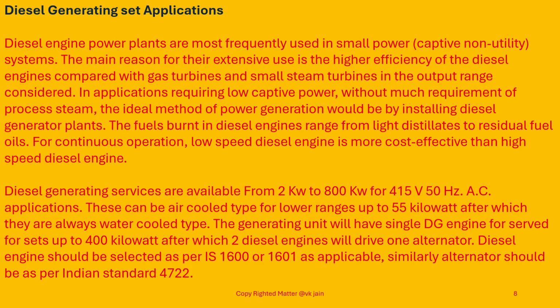The generating unit will have a single DG engine for sets up to 400 kilowatt, after which two diesel engines will drive one alternator, twin generator system. Diesel engines should be selected as per Indian Standard 1600 or 1601 as may be applicable. Similarly, alternators should be as per Indian Standard 4722.